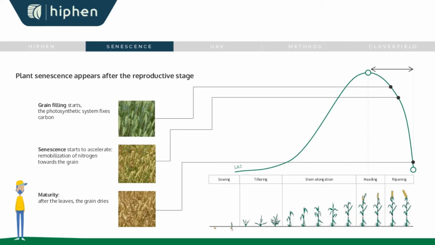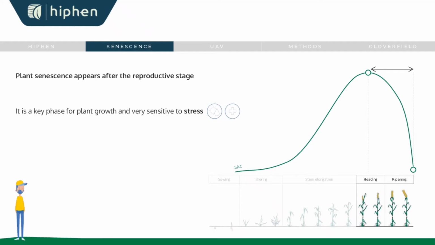It's something that is, as we can see and as we try to illustrate in this image, quite feasible, in the sense that you really see the decay of the plants. This decay of a plant is often linked to remobilization of nitrogen and other biochemical compounds from the leaves and from the whole plant to the grain that will assure a next generation of plants.